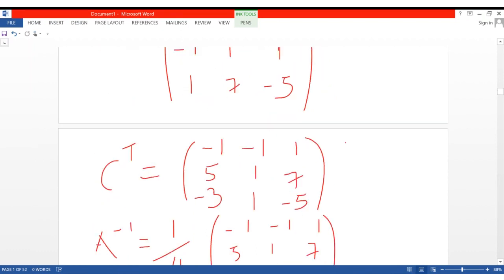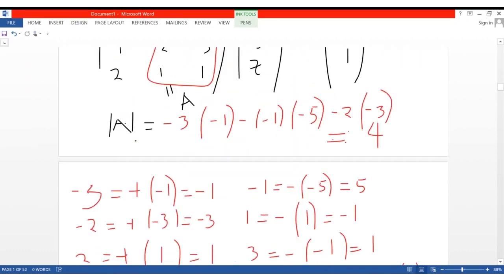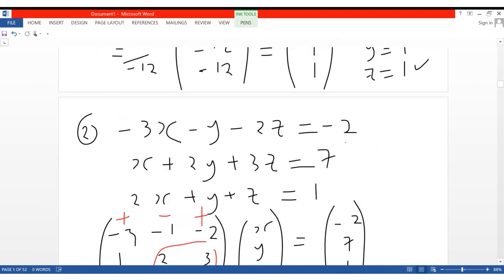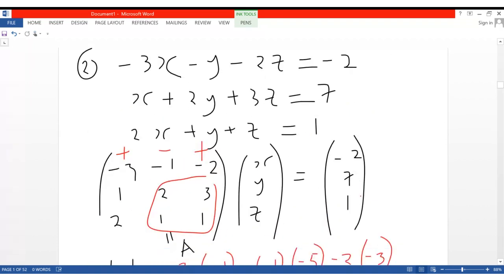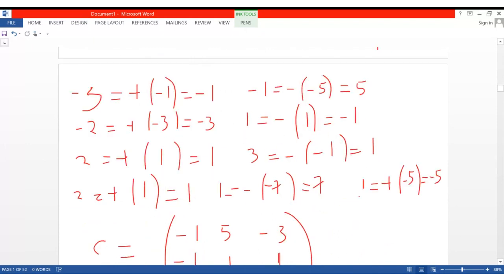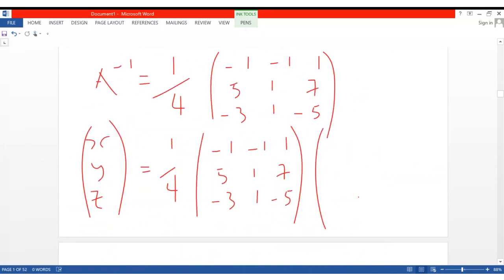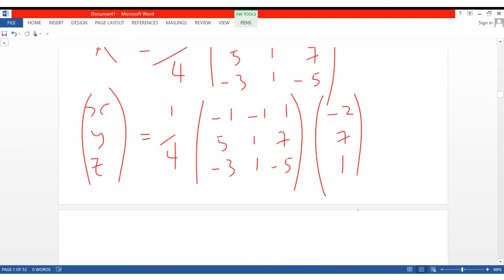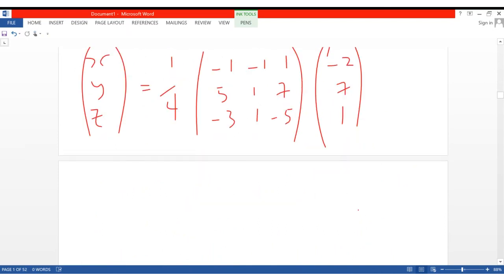I go up, our solution was given by negative 2, 7, 1. Let me multiply row by column. So this one will be given by x, y, and z, a quarter.